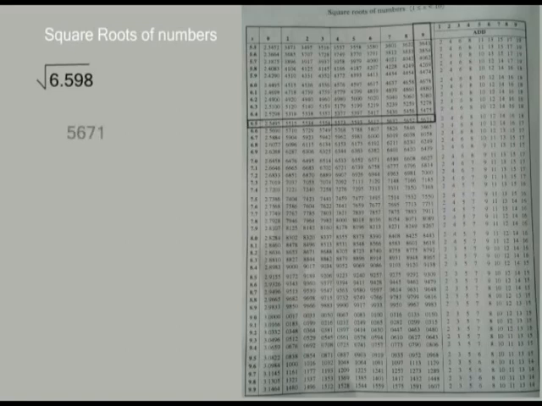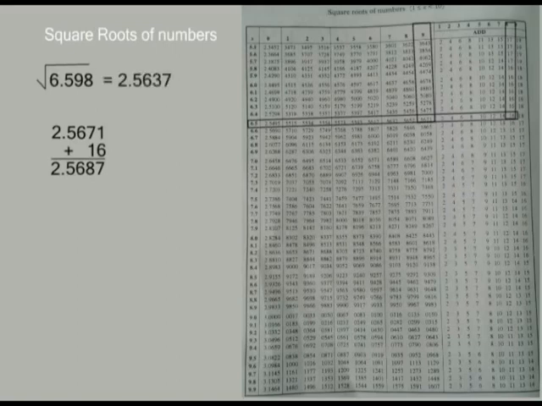The number is 5671, but it has to start with 2 points, so it's actually 2.5671. In the add column, we go to 8. The number here is 16, and so we add it to the first reading. So we have 2.5687. That is the square root of 6.598.